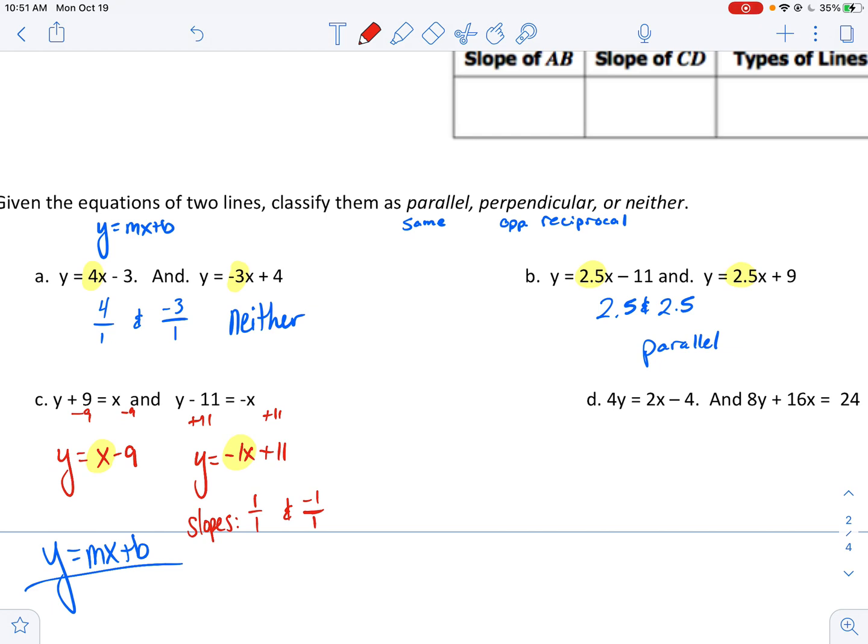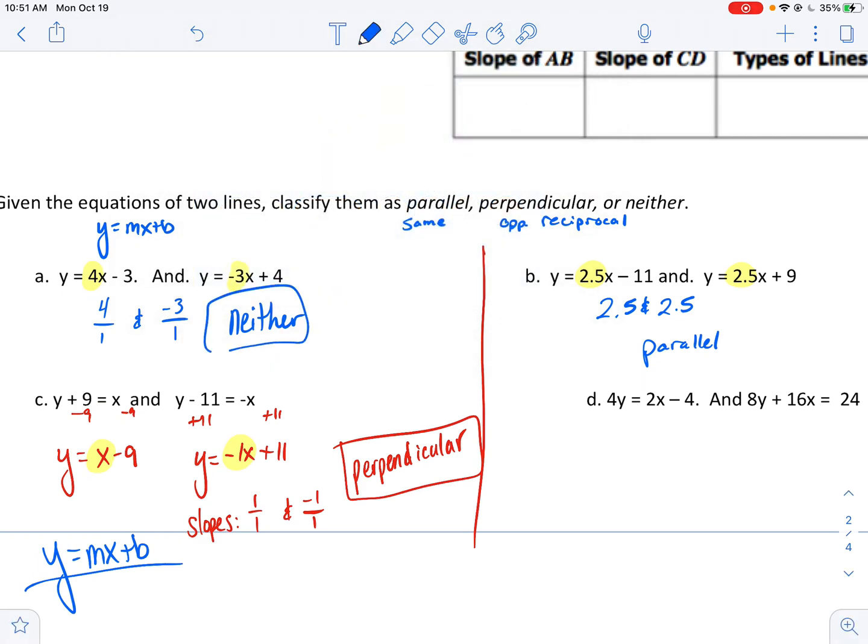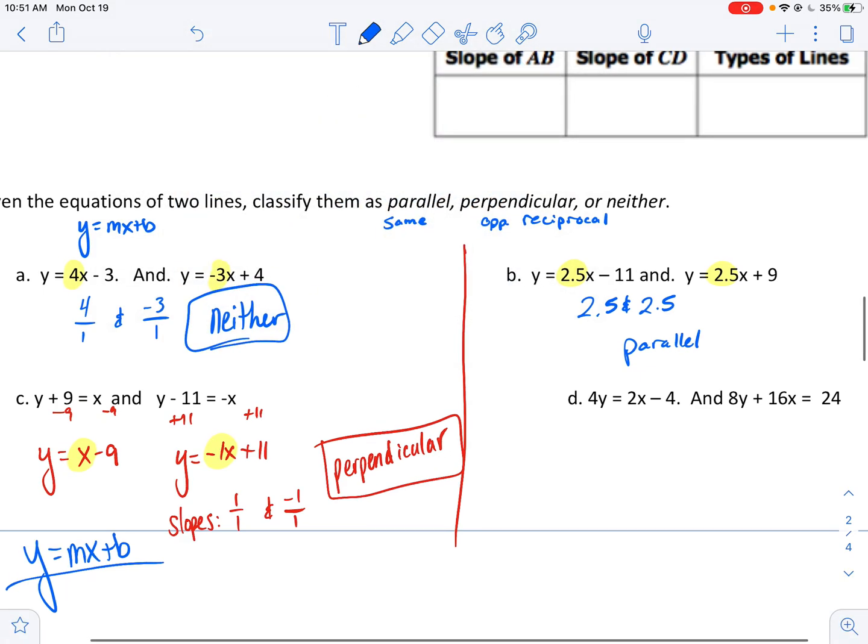But if I took this fraction and I flipped it upside down and I threw a negative in there, would I get that fraction? And I would get that, which means that these are perpendicular. It's that opposite reciprocal. I've got neither, and I've got perpendicular.